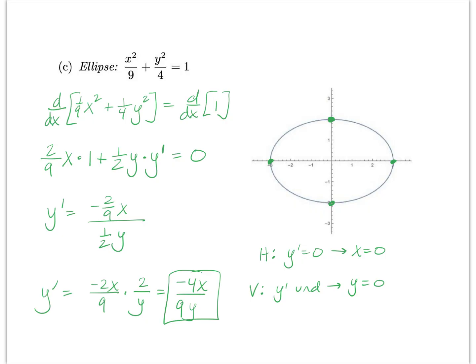So horizontal tangent lines happen when the x coordinate is 0, so 0 comma something, and this point down here is 0 comma something. And then my vertical tangent lines happen when the y coordinate is 0, so something comma 0 and something comma 0. To find the somethings, I use the original equation. And I'm out of room, so I'll go to the next slide.